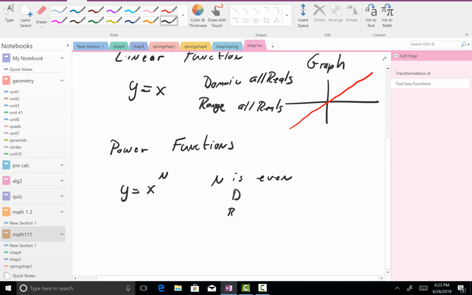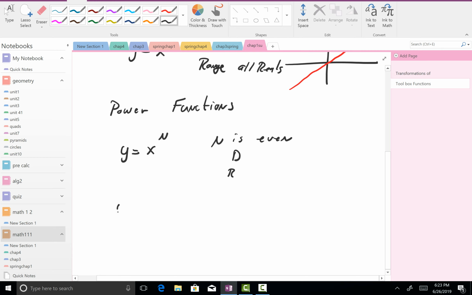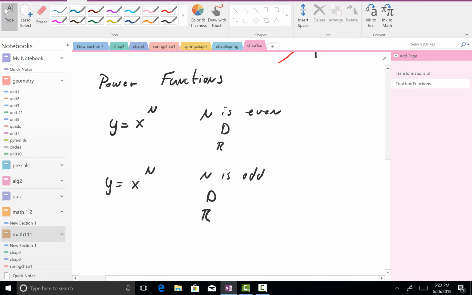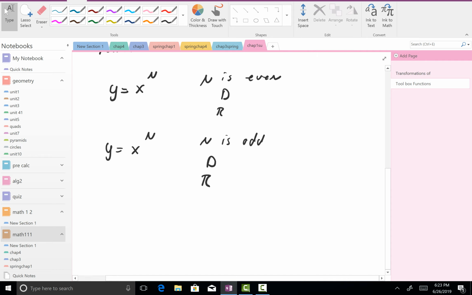We need a domain and a range. y equals x to the n, where n is odd. We need a domain and a range. I'm going to have you explore those, and I'll write them all down, and then I'll try to make it so you can still see them if you're not getting all this written down.